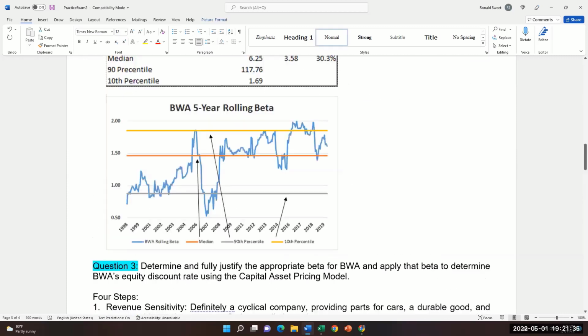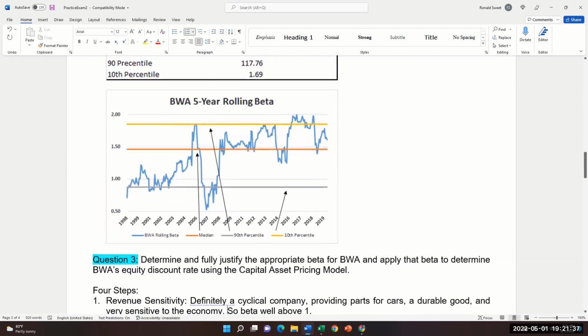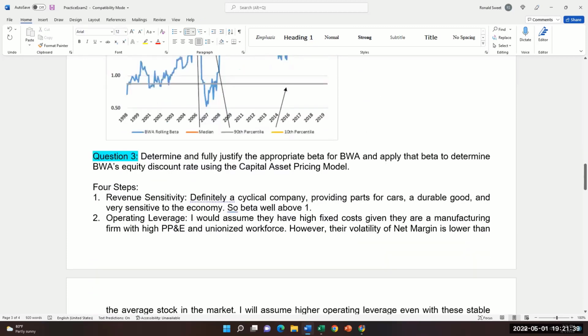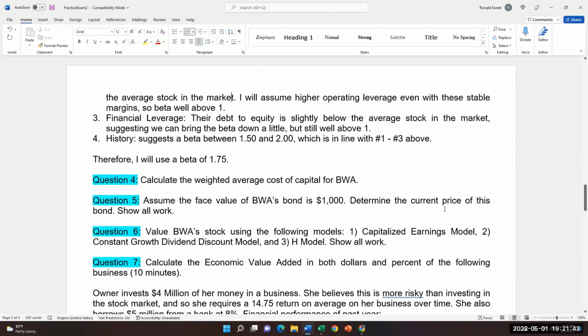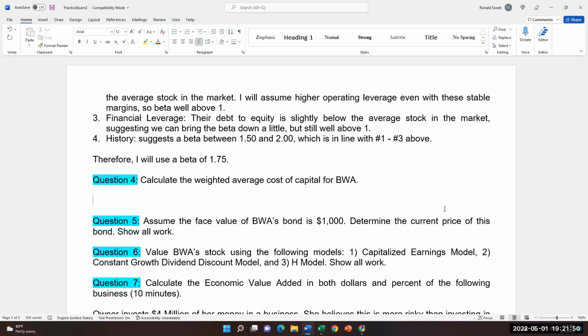Any questions on that? You have done that on your financial app, so it looks just like that. Okay, I'm going to keep going. Calculate the weighted average cost of capital. It's really important on these types of questions that you write the formula first.